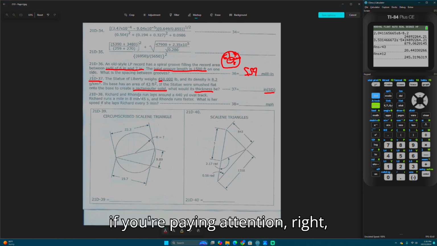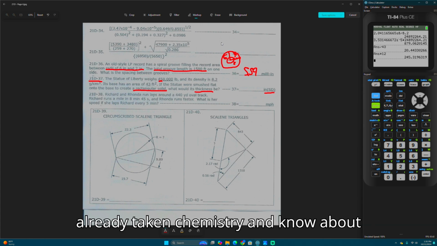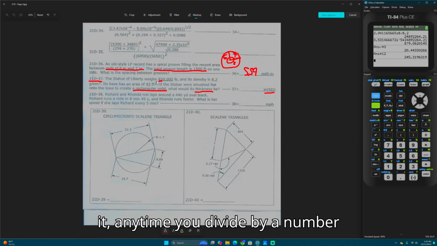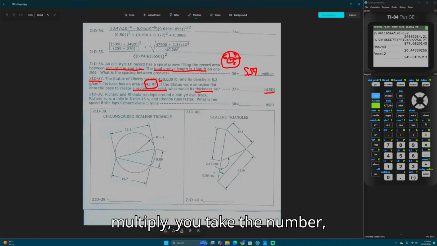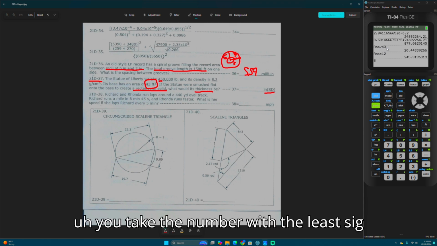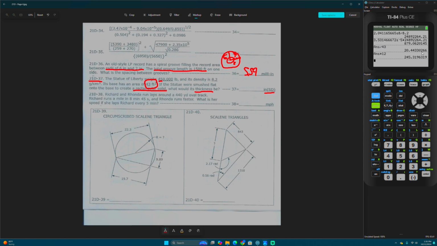And if you're paying attention, right, significant digits, for those that have already taken chemistry and know about it, anytime you divide or multiply, you take the number with the least sig figs. Since there's only 2 right here, you only are going to have 2 significant digits at the end. So I hope that helps.